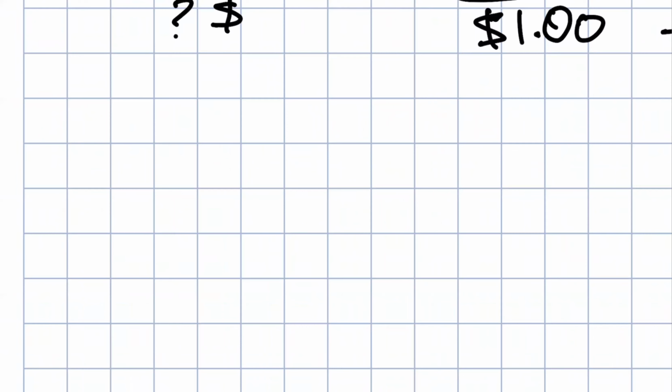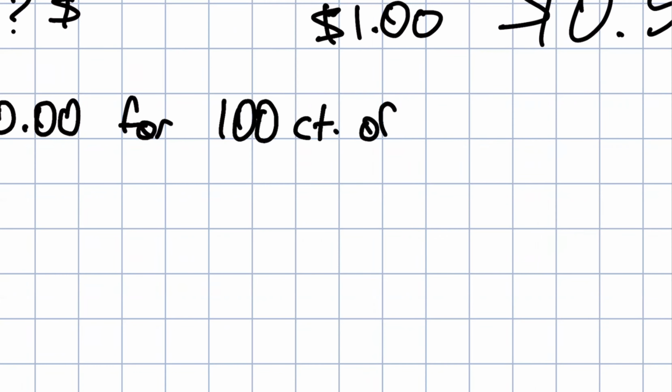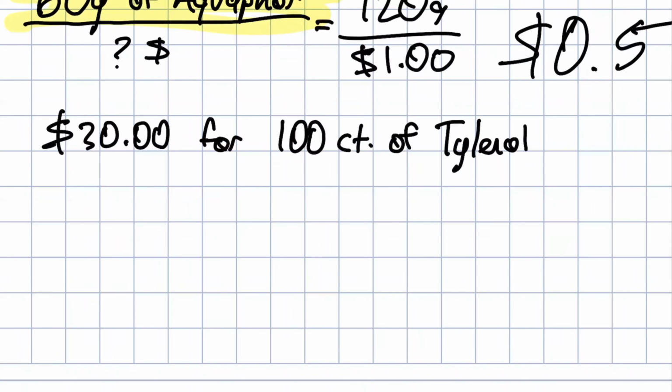This could be that you paid $30 for a 100 count bottle of Tylenol. And then a prescription is for 30 tablets. How would you calculate the cost of ingredients?